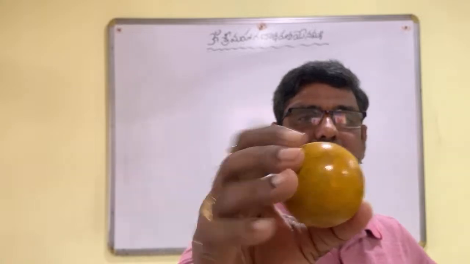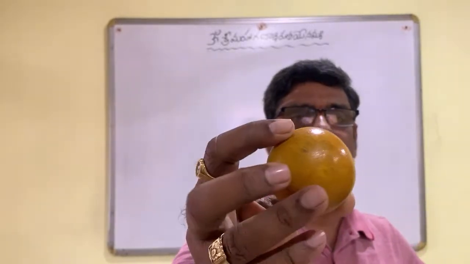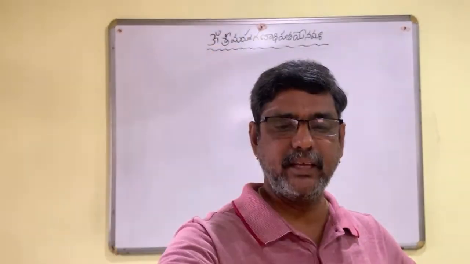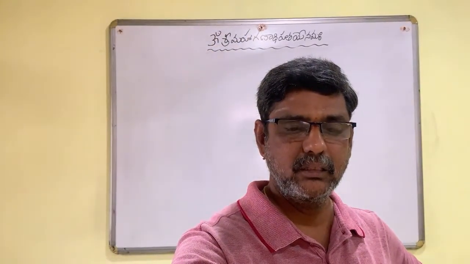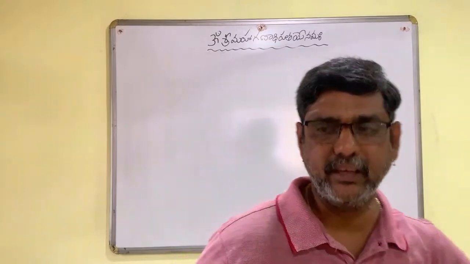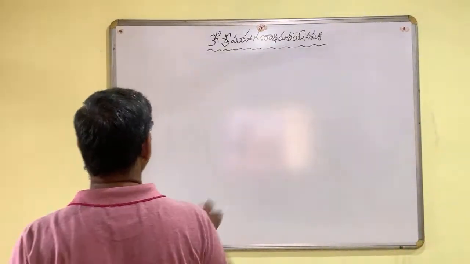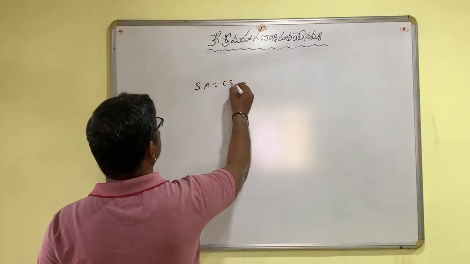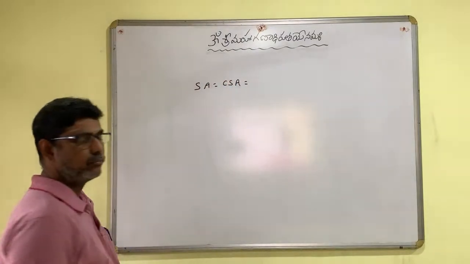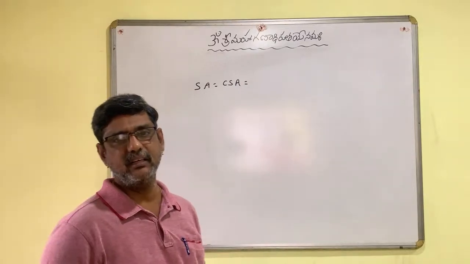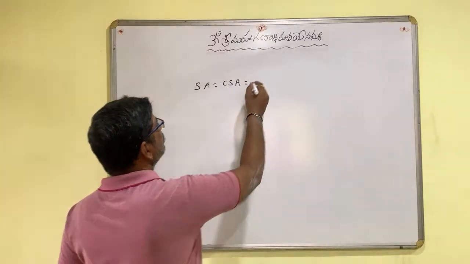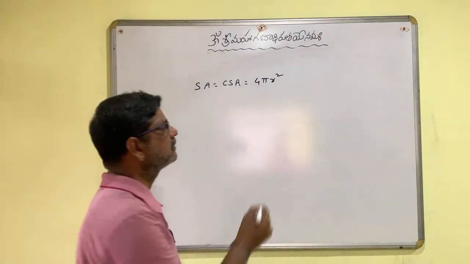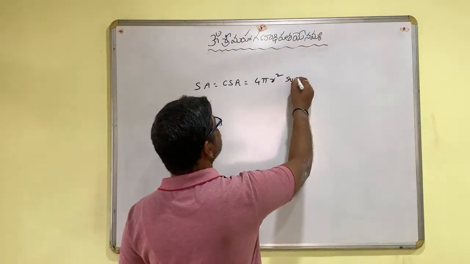So, in the case of a sphere, the surface area of sphere is nothing but the curved surface area of sphere. So surface area and curved surface area both are same in the case of a sphere, which is 4 pi r square units.